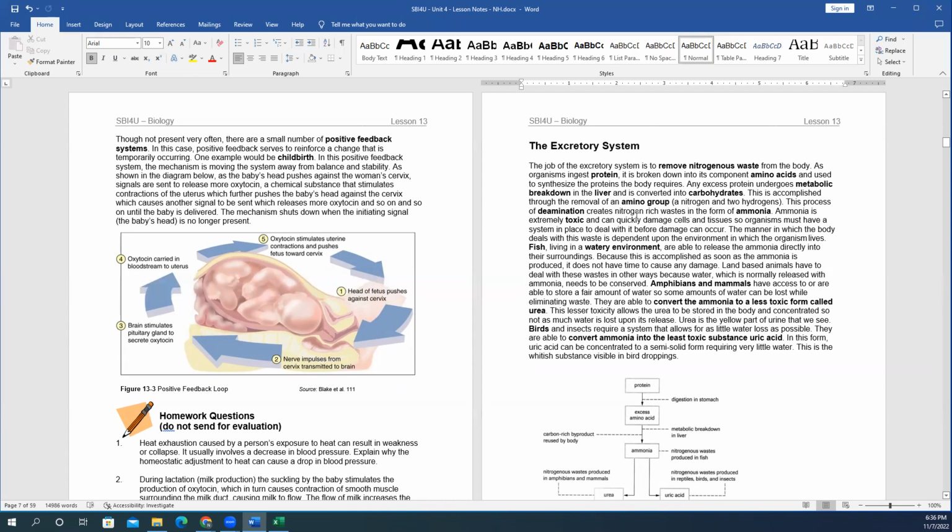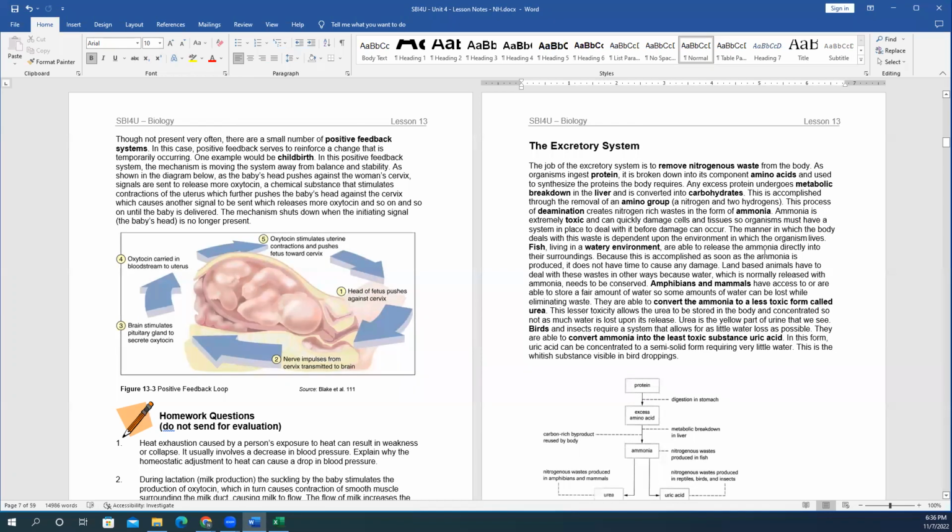And if you remember, an amino group is a nitrogen group and 2 hydrogens. So this removal of this amino group is called deamination, and it creates a nitrogenous waste in the form of the compound ammonia.